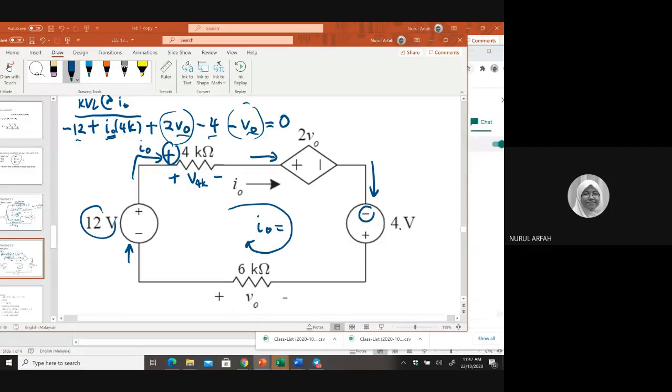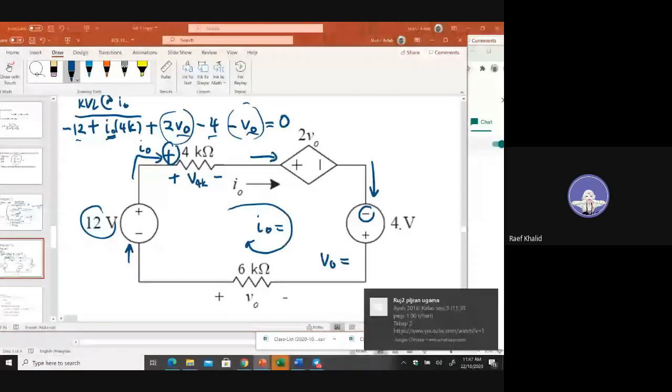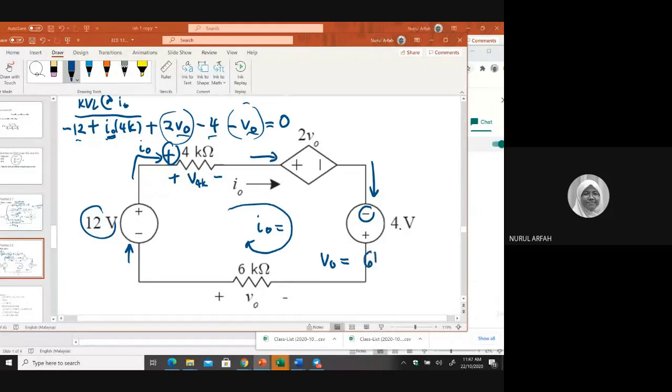But what is V naught equal to? 6K with I naught. But is it positive or negative?